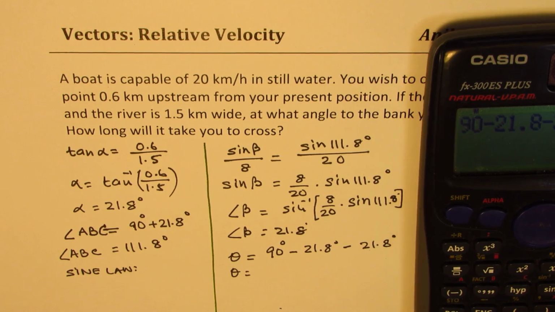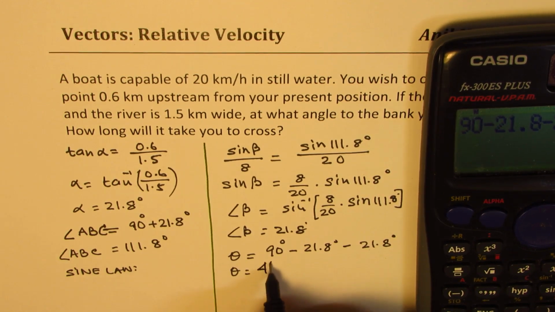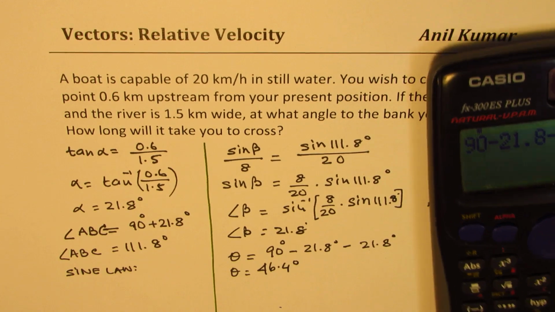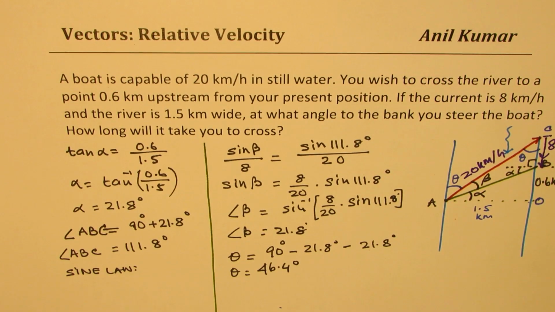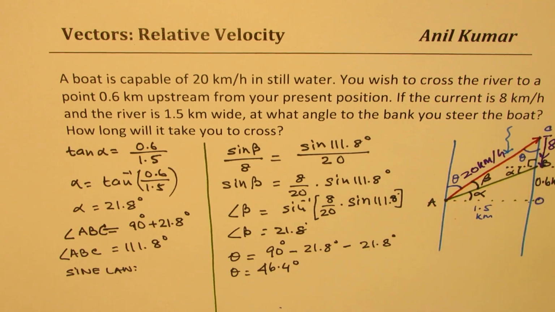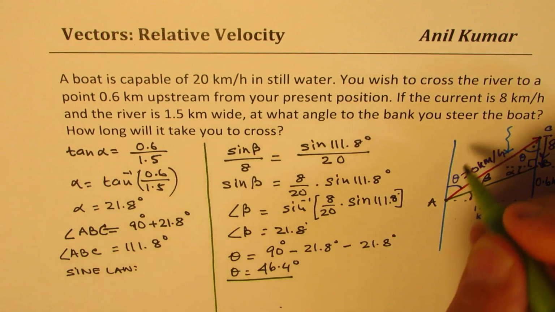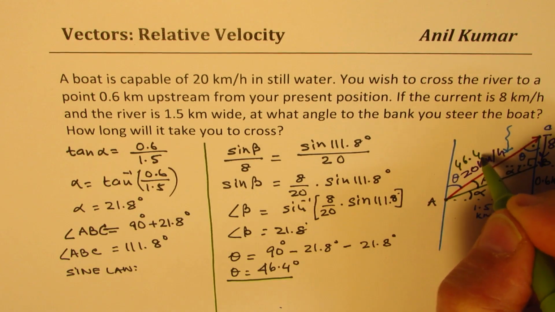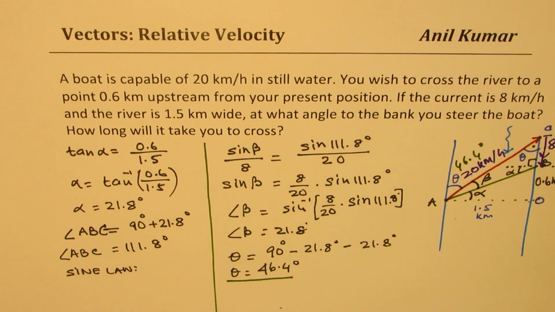So that gives you 46.4 degrees. So we have found this angle. We can also find all other angles in this particular diagram. Now this angle 46.4 is also the angle here, right? So we know our triangle and its angles. So we have one of the answers, which is that the theta angle is 46.4 degrees with the bank.